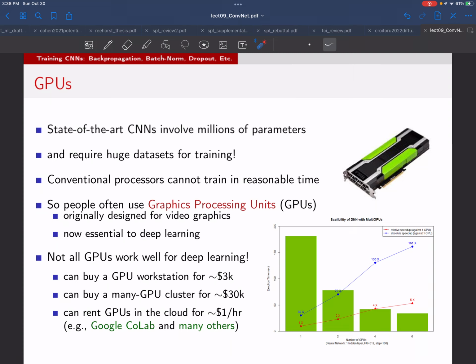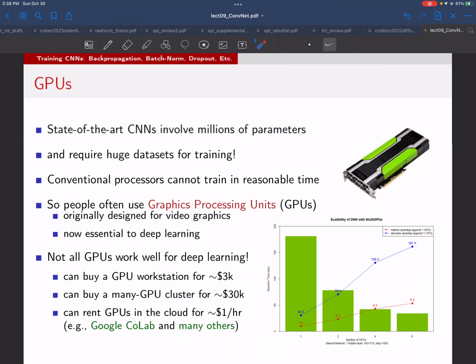But at first, it's pretty linear. And the blue line shows the speed up of a single GPU relative to a CPU. So in this case, a single GPU is about 30 times as fast as one CPU, or 4 GPUs is 130 times as fast as one CPU.